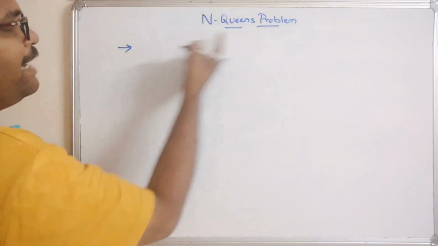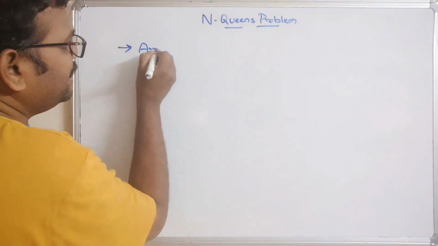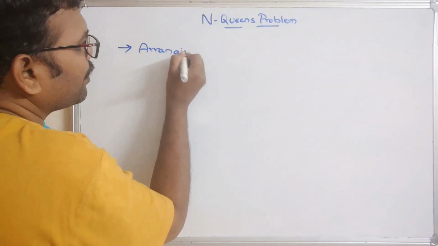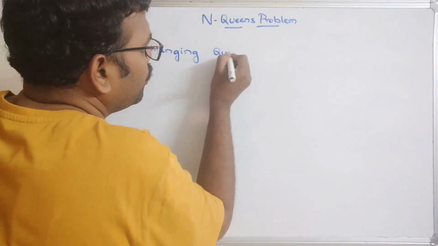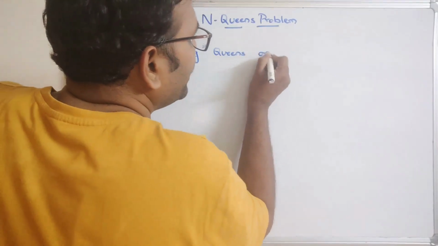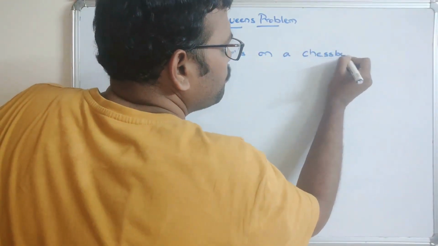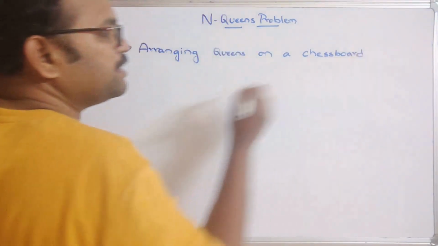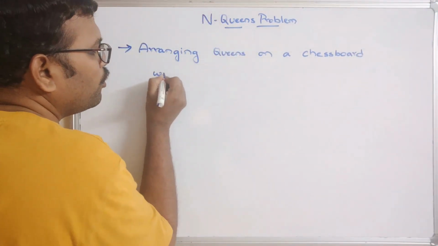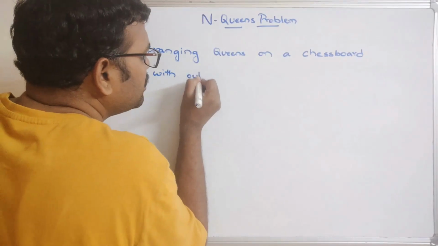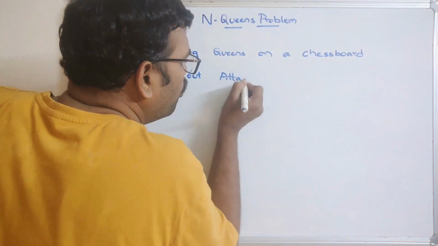So n queens means arranging queens on a chessboard, or a checkered board, without attacking mode.